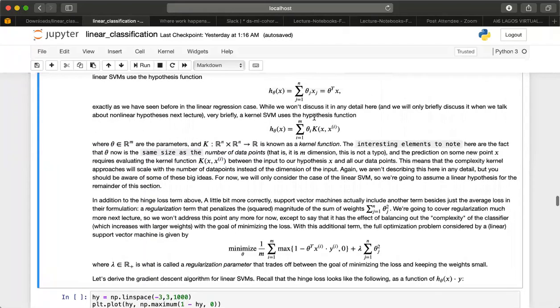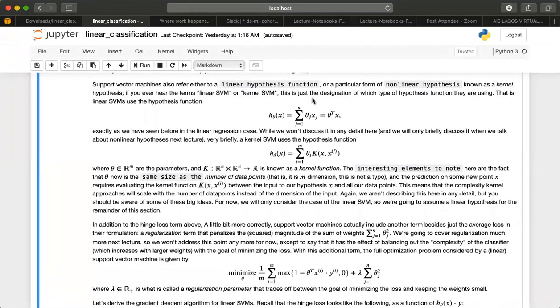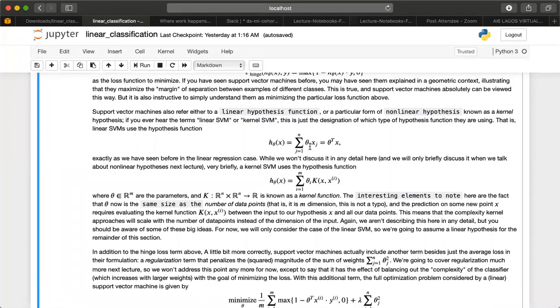Well, you would notice something here. In the linear SVM, our j is in the same dimension as your x, which is your input features, right? So we are still dealing with linear classification, but since he gave a little intro to what the kernel SVMs do, that's why I'm talking about it a bit.